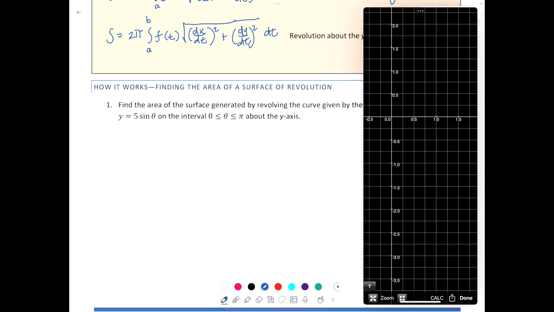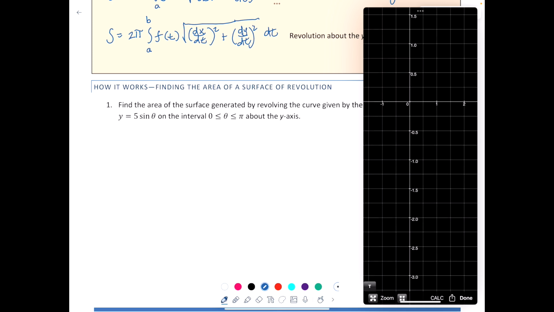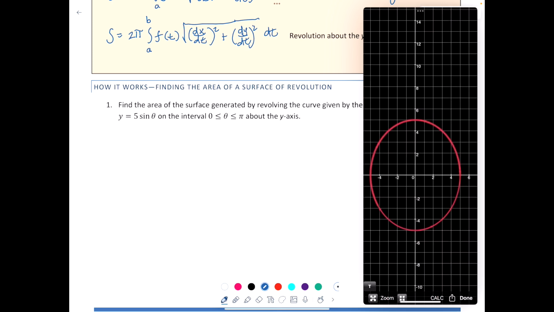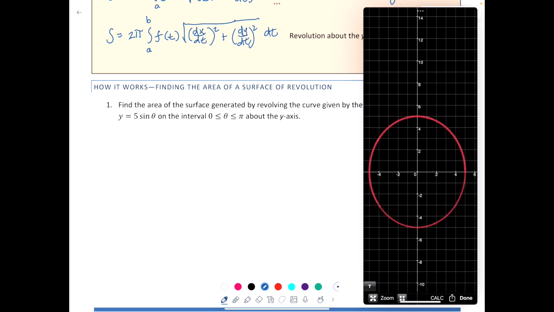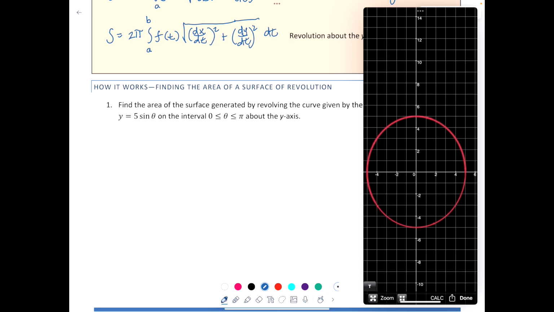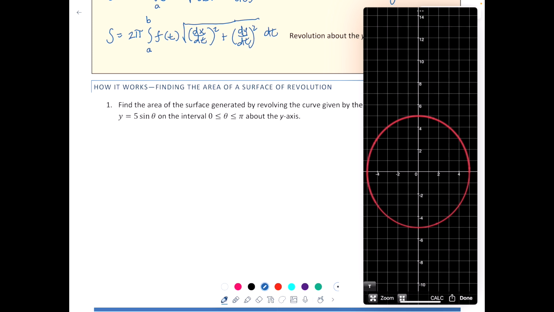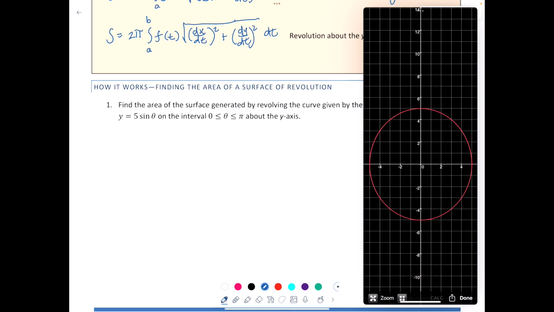And we'll graph. And there we go, beautiful circle. Radius is 5, and the center is at the origin. Groovy.